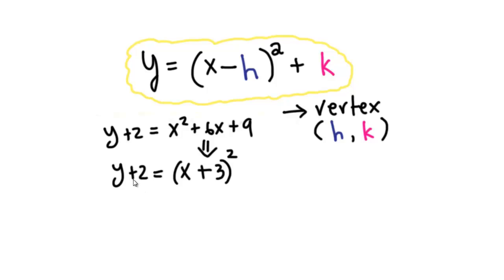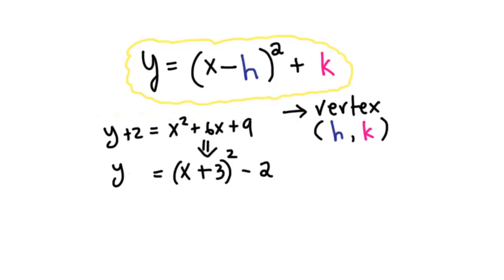Now all we have left to do is minus the 2 from both sides. So the plus 2 and minus 2 on the left hand side, we can erase. So you're only left with the y.